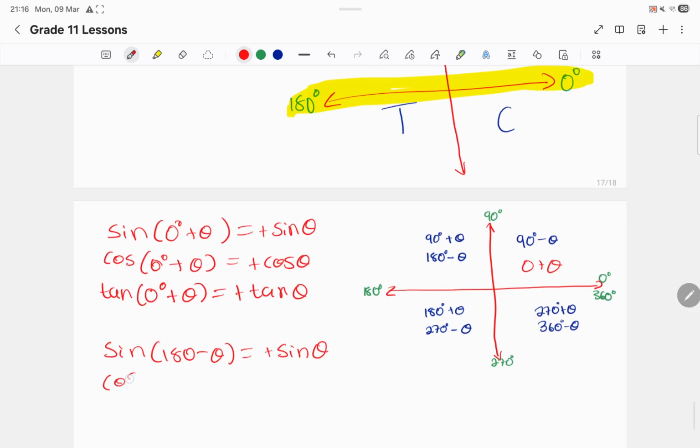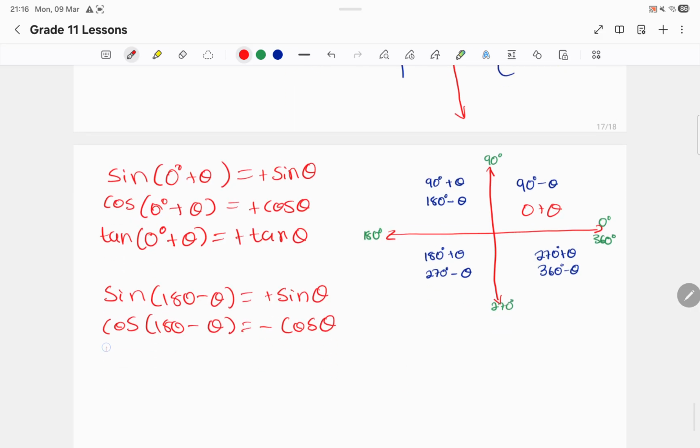And then when we look at cos of 180 minus theta, in the second quadrant cos is negative. So this is going to be minus cos theta. If we look at tan of 180 minus theta, tan is negative here, so this is going to be minus tan theta, right?